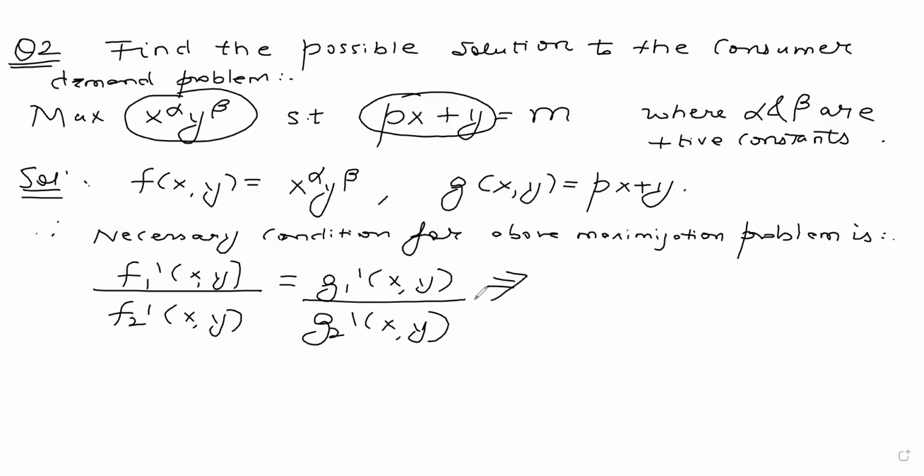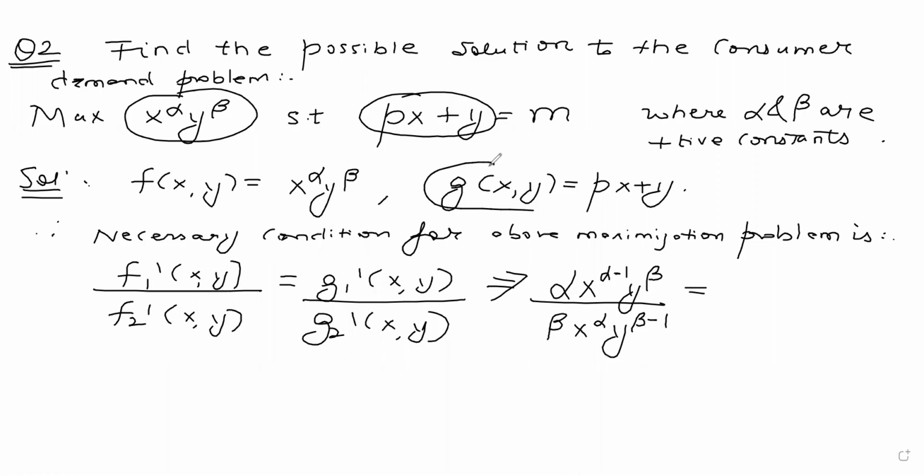What is f1 dash xy? Differentiate with respect to x. Alpha x to the power alpha minus 1 y to the power beta upon differentiate with respect to y. So we get beta x to the power alpha y to the power beta minus 1 equals g1 dash upon g2 dash. If I differentiate this with respect to x, I get p. If I differentiate with respect to y, I get 1.